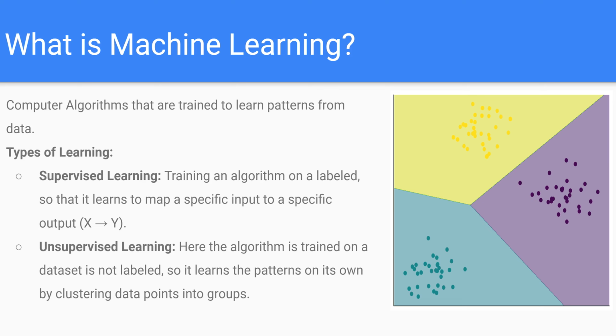So supervised learning is where you have some data that you're training your algorithm on, and the data is labeled. This could be data on a bunch of different cars, and the label could be whether they sold or not within 6 months of being put onto a lot. So you already have that label that says, hey, this car, these are its features, it sold within 6 months of being put on a lot.